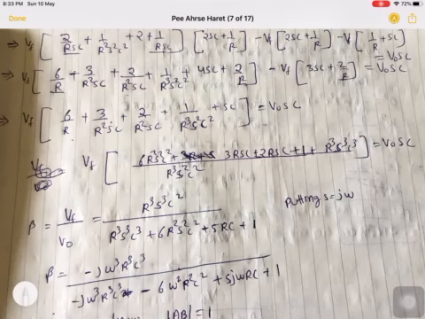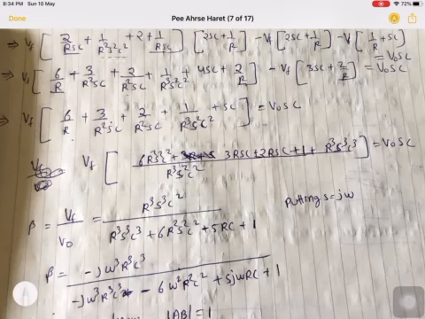First I am adding these two: 2 by RSC plus 1 by RSC, that is 3 by RSC. 3 divided by RSC multiplied with 2SC will come to 6 by R. So first I have added these two terms and then multiplied with 2SC. So it becomes 6 by R.